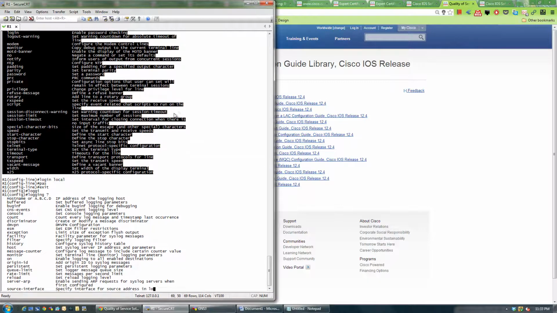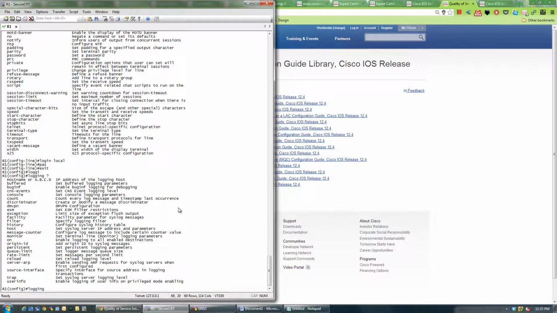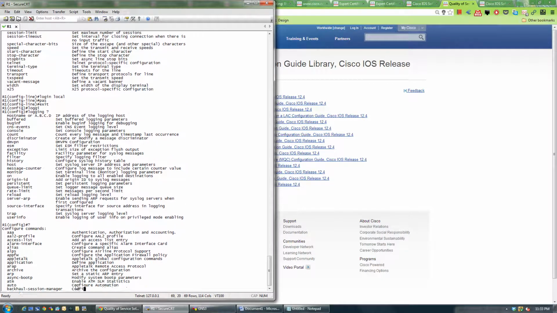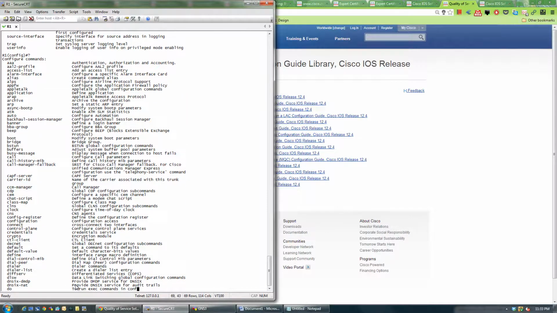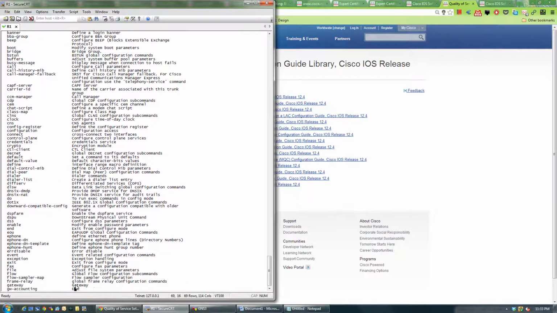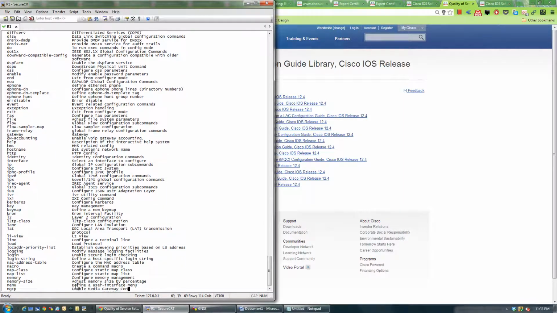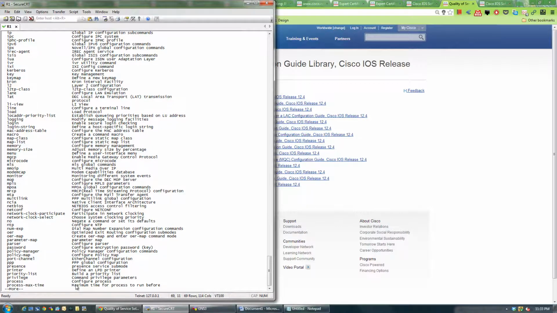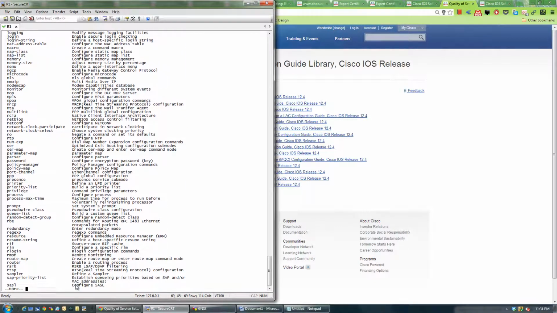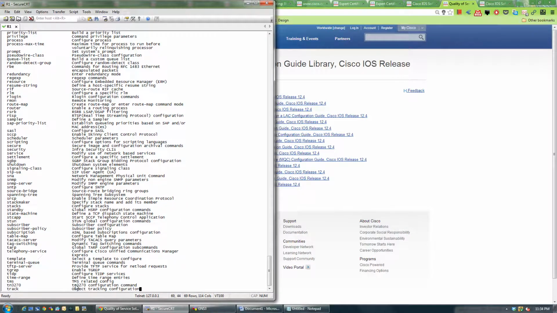Look at this, logging. Whew. And how about just tapping the question mark here and seeing what we have here. So many commands. In this list you can skip almost 40-50% of it, because it's a compilation of everything.